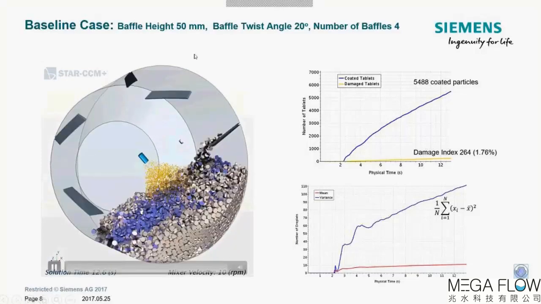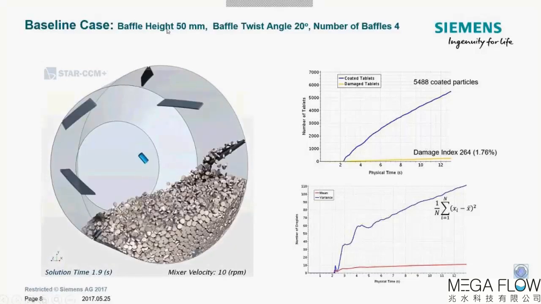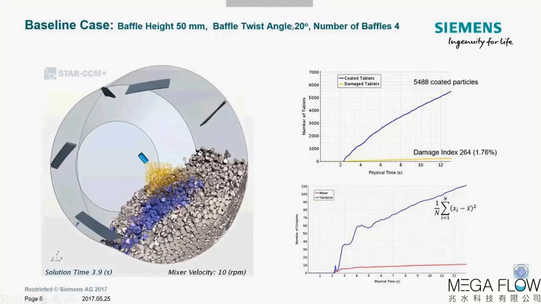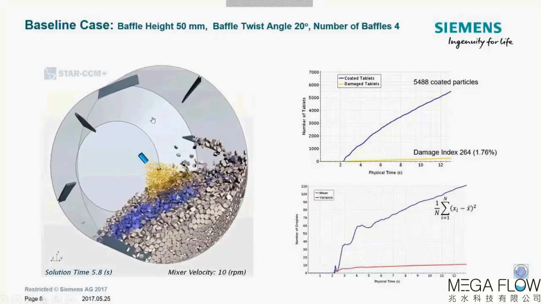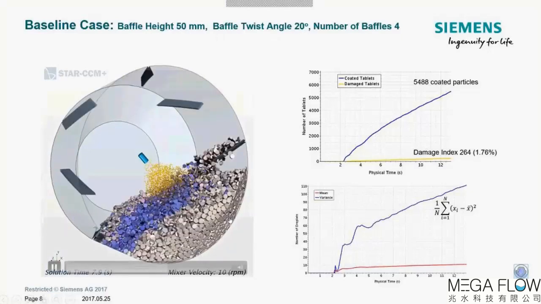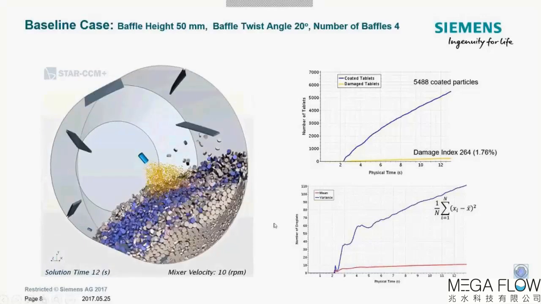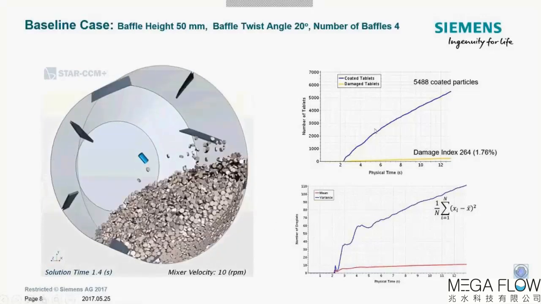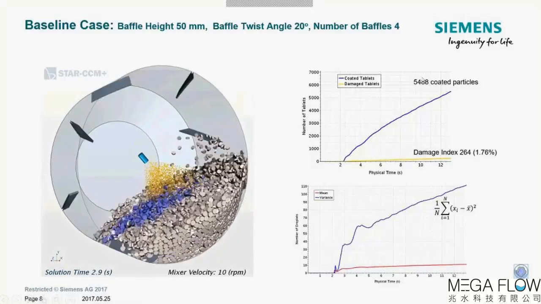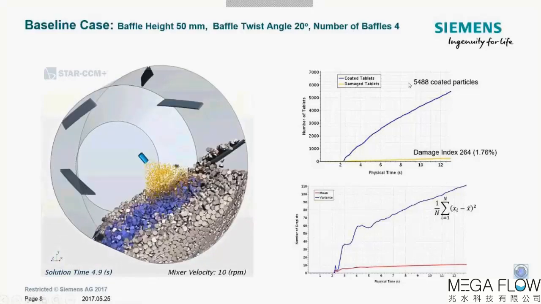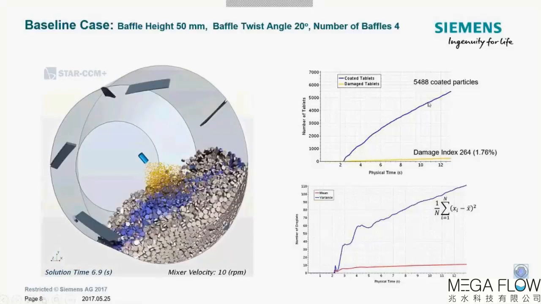So this is our baseline design with a baffle height of 50 millimeters, baffle twist angle of 20 degrees, and number of baffles 4. And we see this already solved solution for 15,000 particles. And we trace the number of coated particles, which reflects the rate of coating for this particular design.